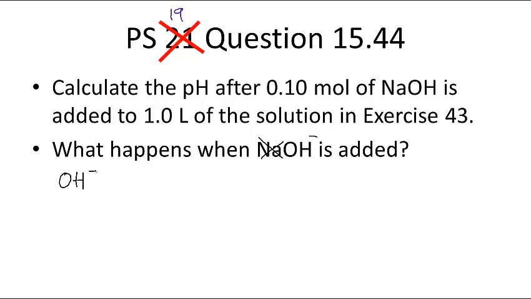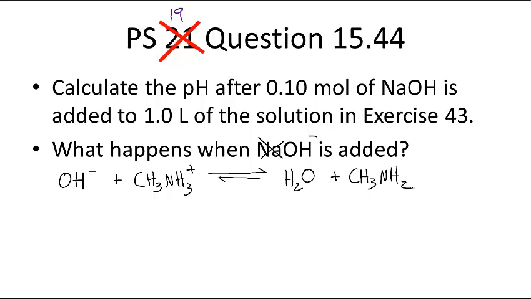Bases look to do what? Take H plus. They want to take an H plus from somewhere. So OH minus looks around and says, who's the best thing to take H plus from? CH3NH3 plus. So now I get a reaction where OH minus grabs H plus from CH3NH3 plus.